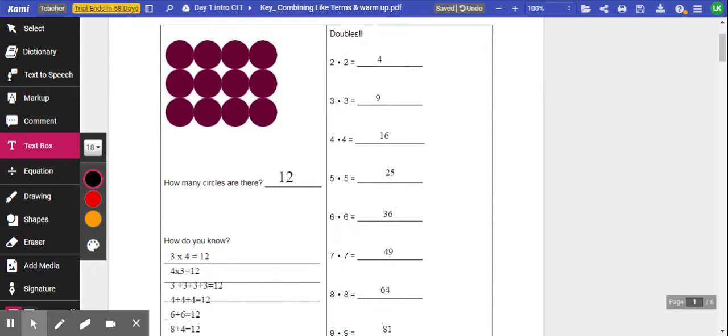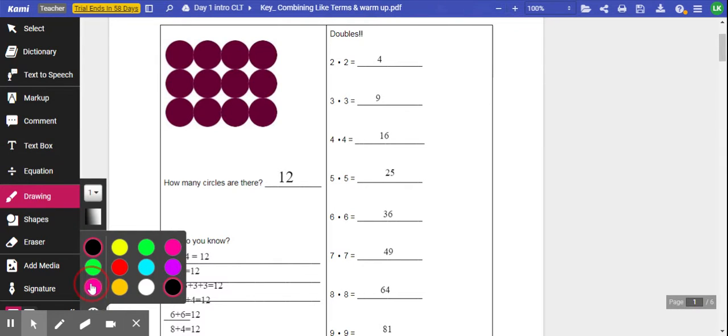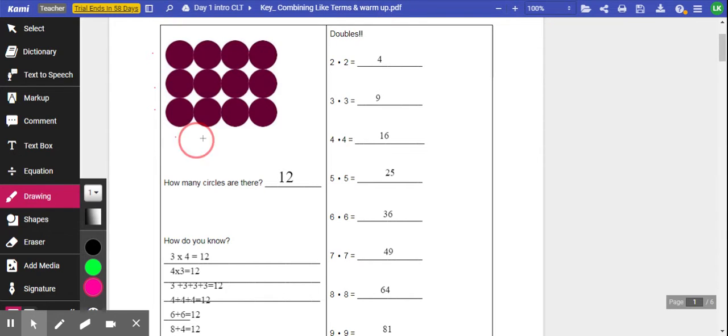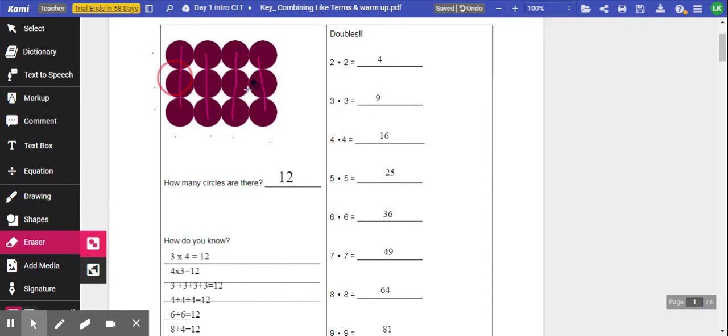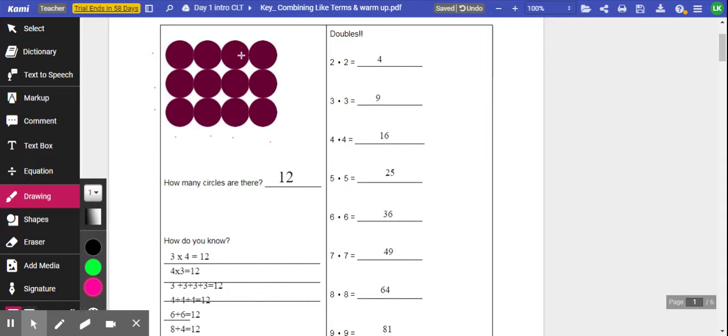All right, now let's go over those. So the first question says, how many circles are there? And there's 12. There's lots of ways you could have done this. You could have done counting, 3 times 4, or 4 times 3. You could have done 3 plus 3 plus 3 plus 3. You could do 4 plus 4 plus 4.